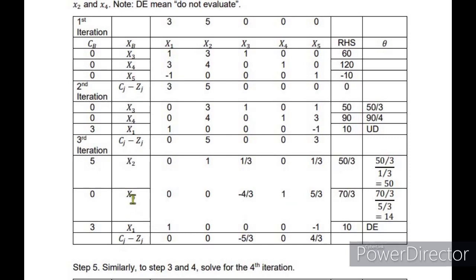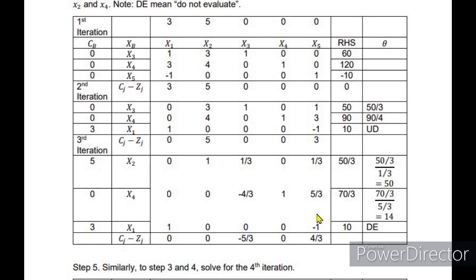So x sub 4 will be replaced by x sub 5. Because when we divide 50 over 3 by 1/3, we got 50, and we divide 70 over 3 by 5 over 3, we get 14. Then when we divide 10 with -1, do not evaluate. Okay, because if the theta is negative, we shall not evaluate it.